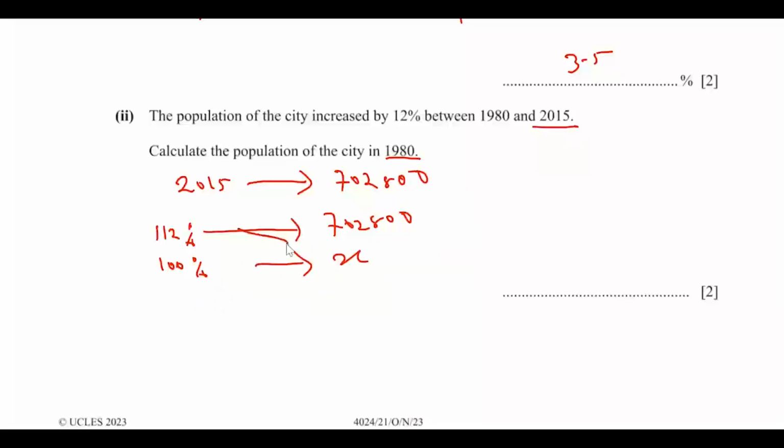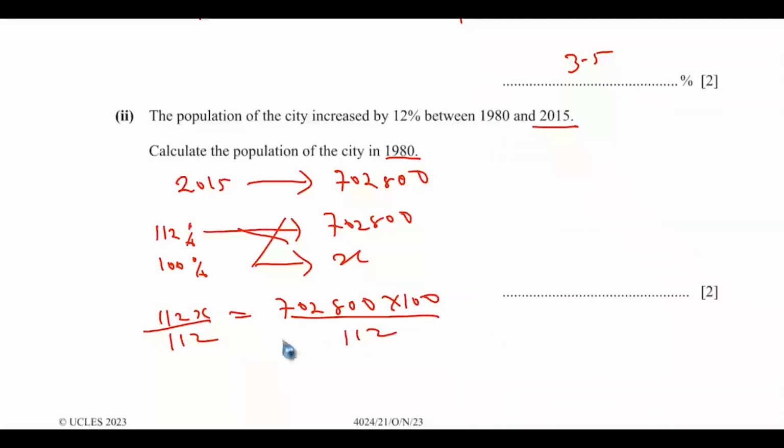If you cross multiply, you're going to have 112x equals 702,800 multiplied by 100. Then you can divide both sides by 112 to get the population straight away.